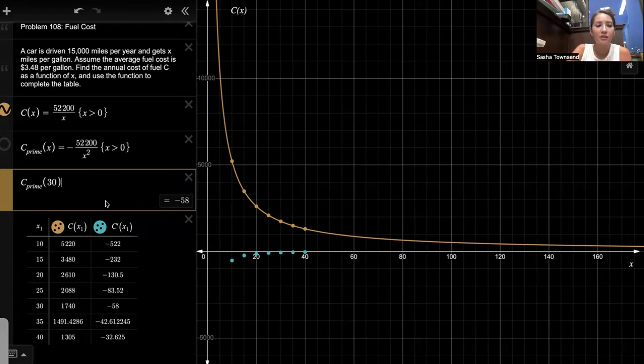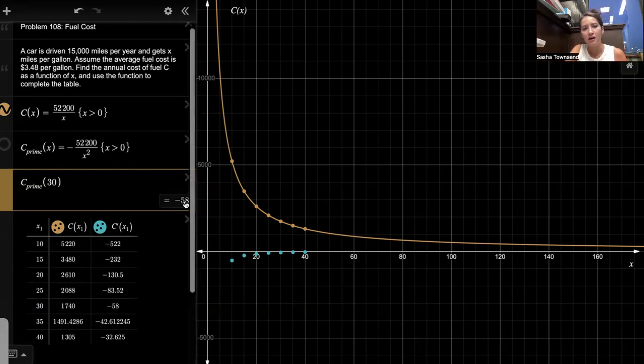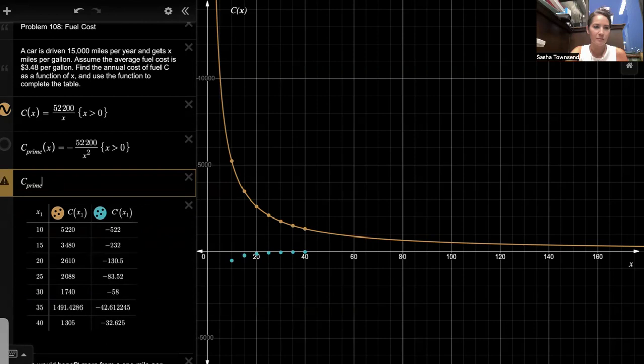That means if our car gets 30 miles per gallon, then we save $58 per year if our car goes from 30 miles per gallon to 31 miles per gallon in fuel efficiency. So if our cars get more efficient in using fuel, we're saving a little bit of money here. $58 per year. It's not much when you're at 30 miles per gallon. But if you only got 10 miles per gallon, you'd save $522 per year, which is pretty cool.